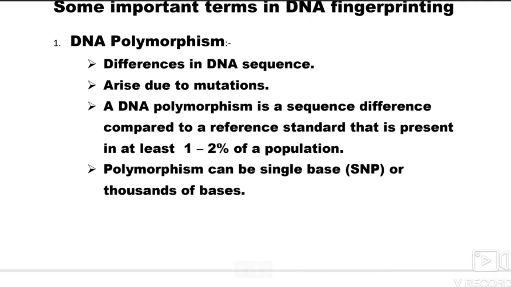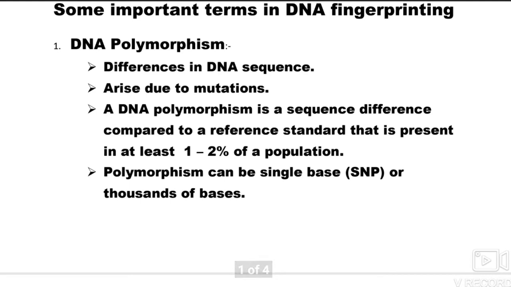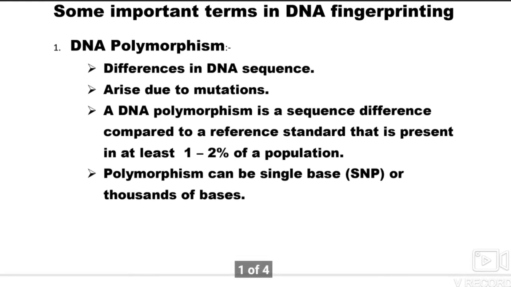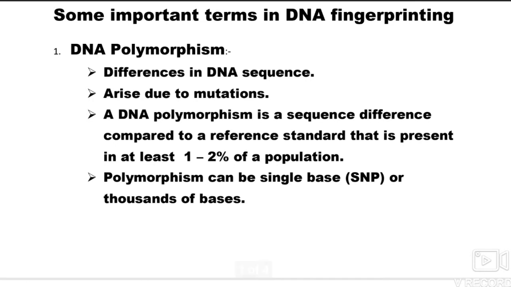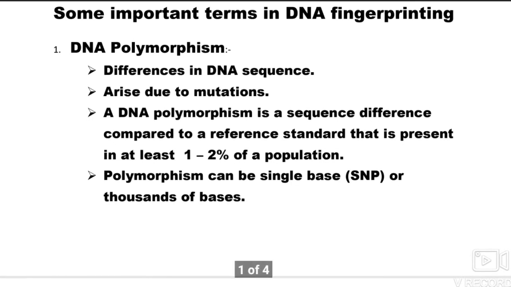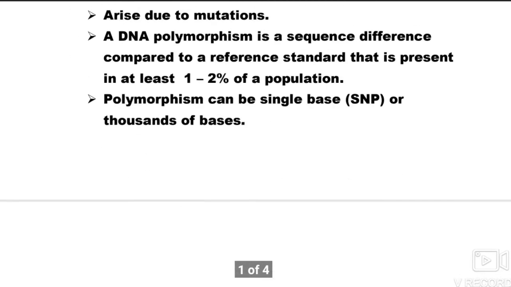A DNA polymorphism is in fact a sequence difference compared to a reference standard that is present in at least 1 to 2% of a population. These polymorphisms can be longer or can be due to a single base. These single base pair polymorphisms are known as single nucleotide polymorphisms. Some polymorphisms may have thousands of bases.